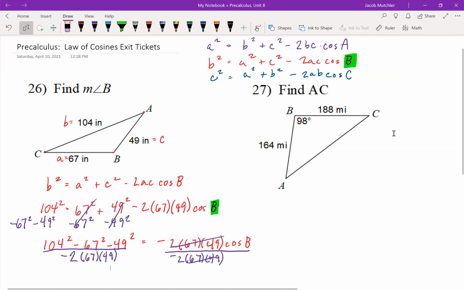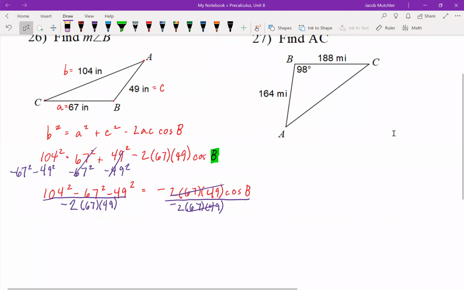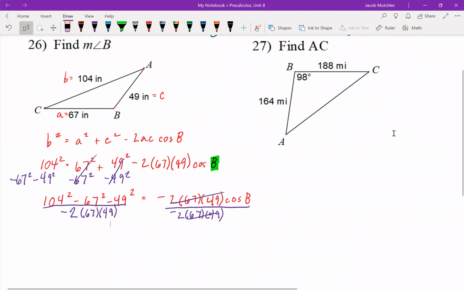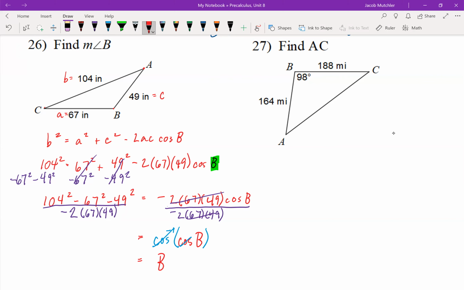So last step here for me to find the measure of angle B is to apply inverse cosine. So I do see that here on the right side, all I've got is cosine B. So to cancel the cosine, I'll apply inverse cosine. And that will get me just to B on the right side. So where we'll get our answer is from this left fraction.